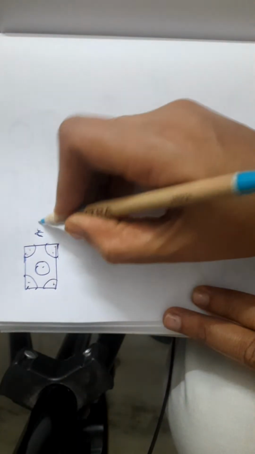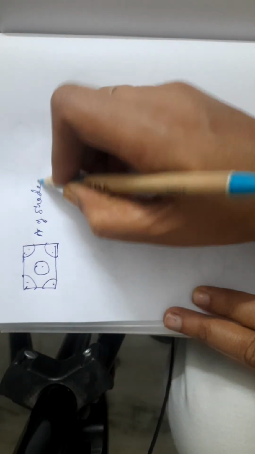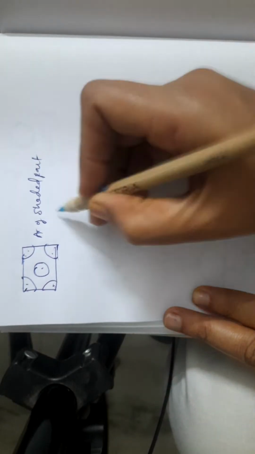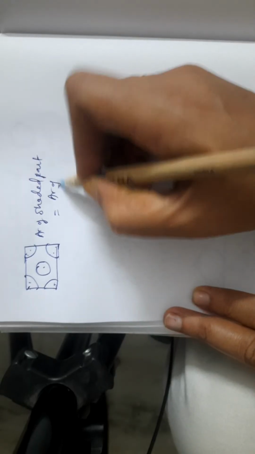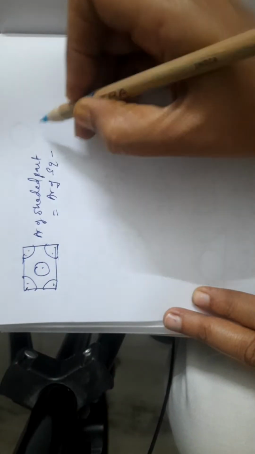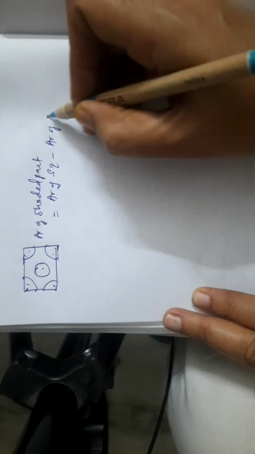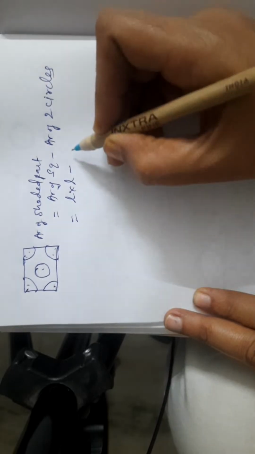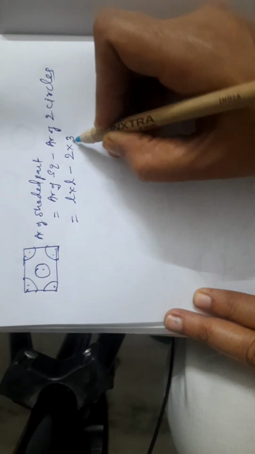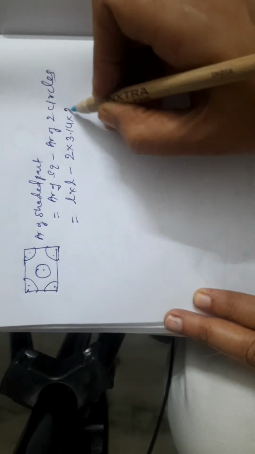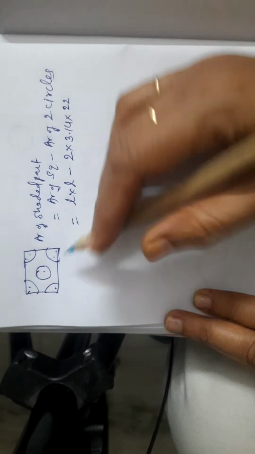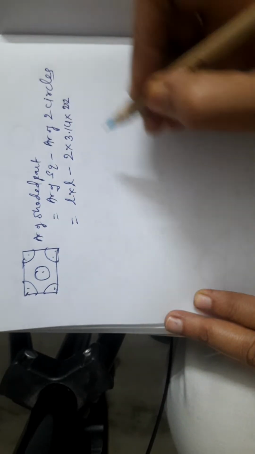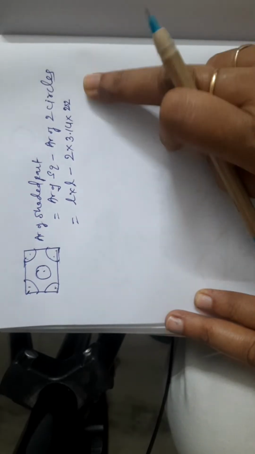Now the area of the shaded part is area of square minus area of two circles. Area of square, L multiply by L. Two circles, 2 multiply by 3.14 multiply by radius squared. Radius is 2, so 2 into 2, pi r square.